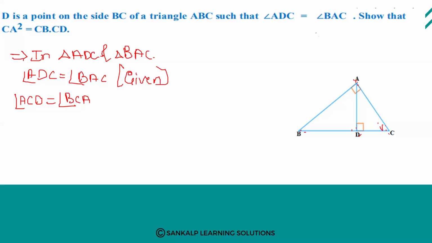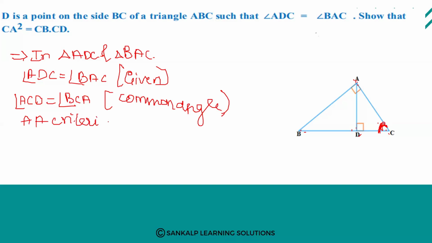This is common for both the triangles. Now, how many angles are equal? Two angles, that is D is equal to A and C is equal to C. Now, by using AA criteria, we can say that triangle ADC is similar to triangle BAC.